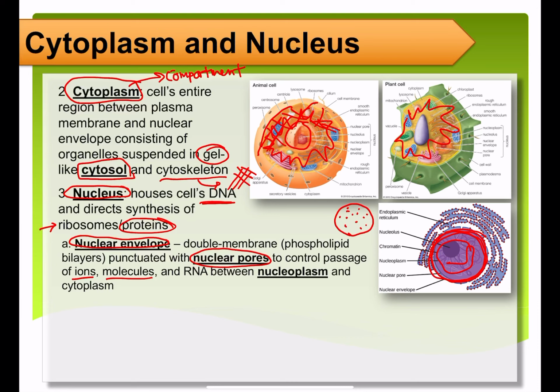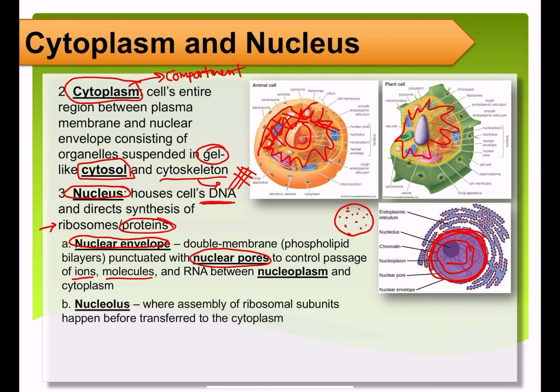And just like how we have the cytoplasm, inside the nucleus there is nucleoplasm as well. Then you have the nucleolus, which is this small, concentrated circle. Inside the nucleus, there's usually a darker dot.